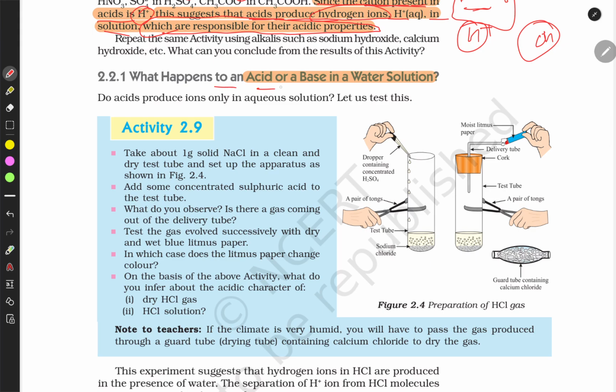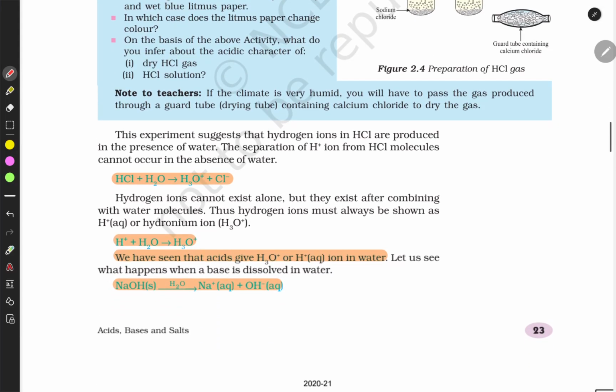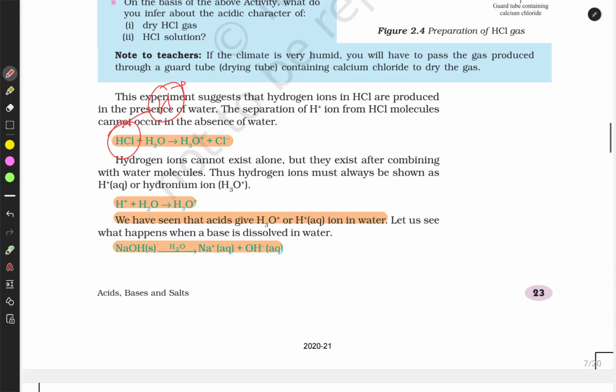What happens to an acid or a base in a water solution? HCl is an acid because it contains H plus ions, and NaOH is a base because it contains OH ions.